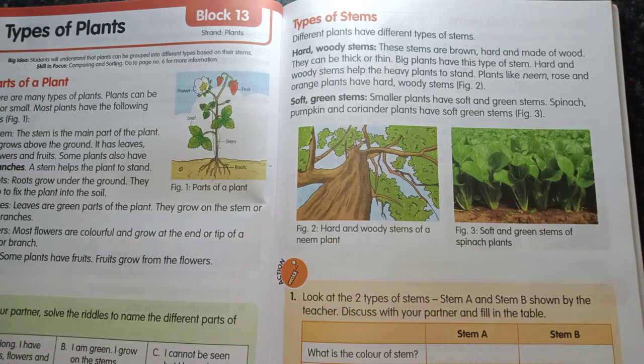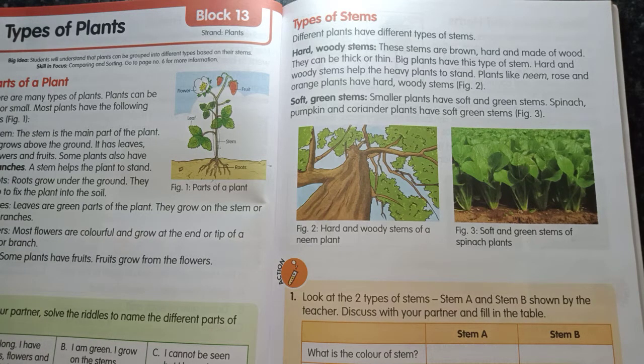Whenever you see a brown color stem, that means it will be very hard and strong enough, and it is a wooden material. They might be thick or they might be thin, but they will be really hard and strong. And you know what, big plants have this type of stems. That's why even trees have a brown thick stem, which is known as trunk. Because they are like this, they have to hold the big plant, right?